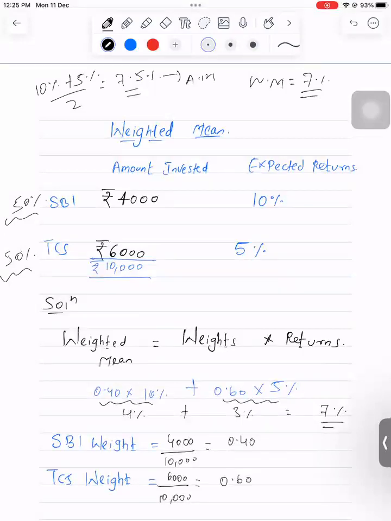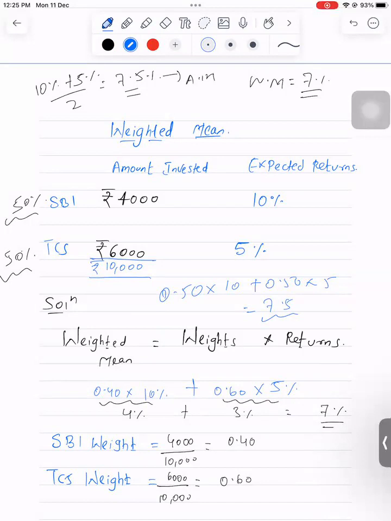So weights I'm giving you 50-50. So what will be the weighted mean? 0.50 into 10 plus 0.50 into 5. When you do this calculation, again, you will get answer 7.5 only. Okay. So this is how simple mean and weighted mean both are different.